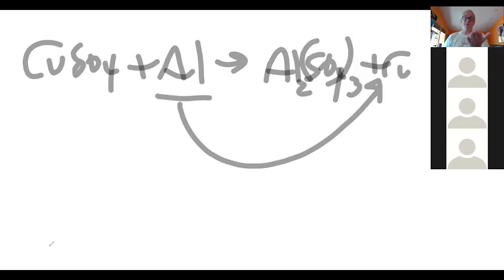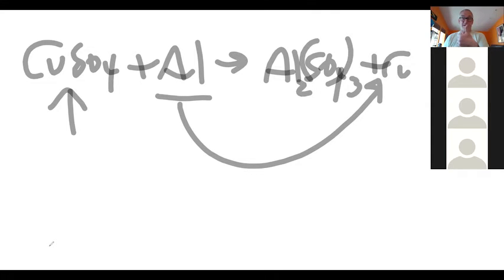Right. If you have too much aluminum, basically you'll use up the aluminum until all the copper in the copper sulfate has been converted to copper solid. Once there's no more copper ions in your solution, the reaction stops and you're left with aluminum that hasn't been converted.